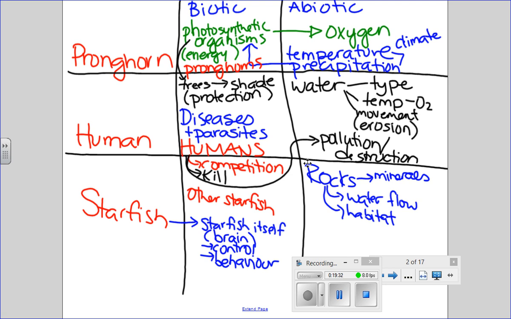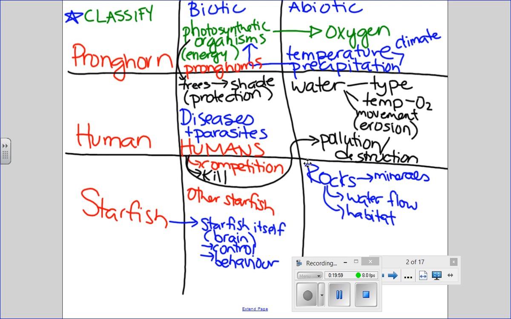Now, something like this, I hope you can see, it would be hard for me to ask you to memorize some sort of official list of what are the biotic characteristics of a human's environment. I would ask you, for example, to classify. So I could give you some characteristics and ask you, are they biotic or are they abiotic?